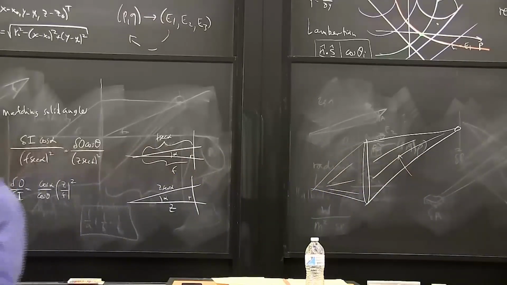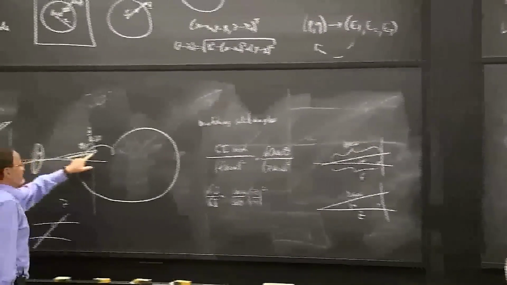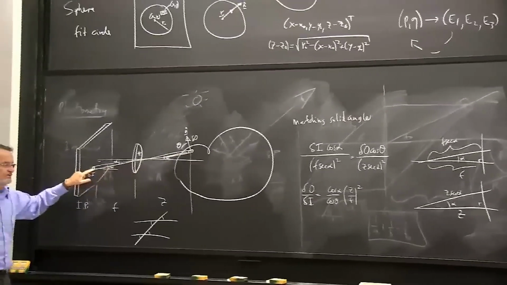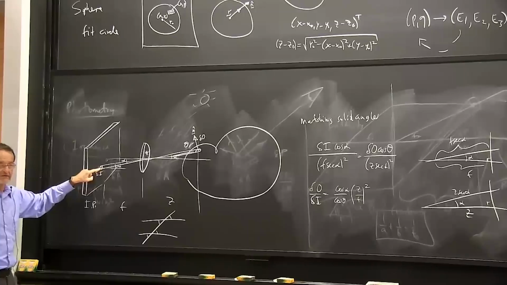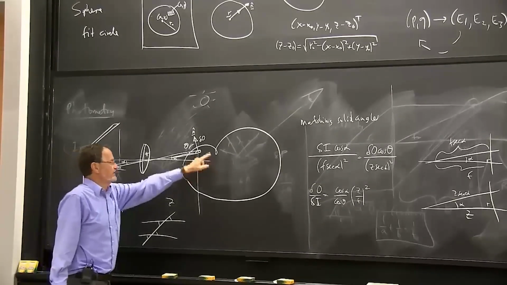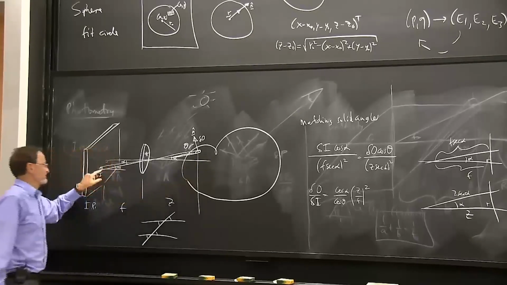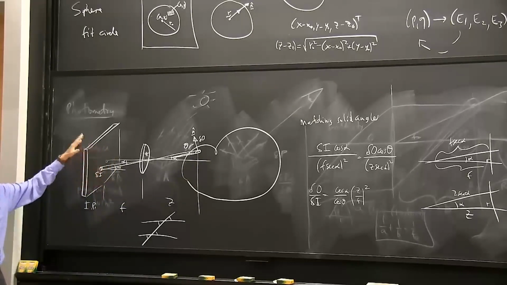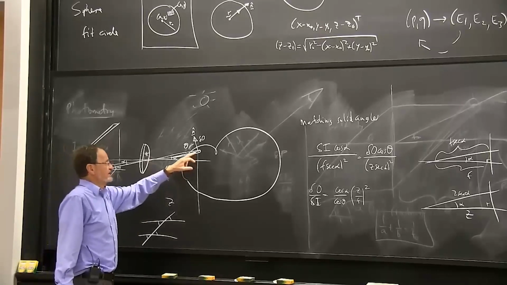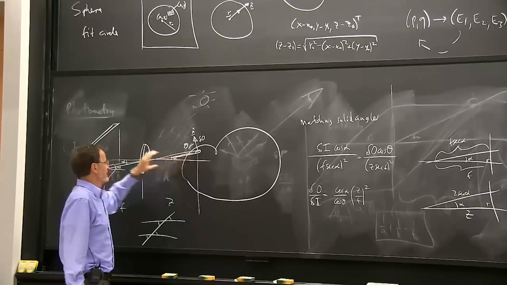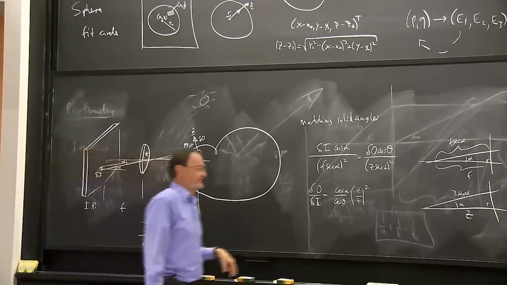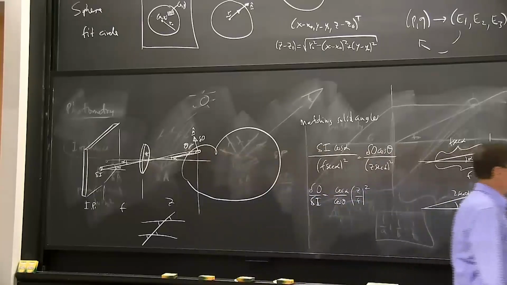If things are in focus, the light that comes off this patch and goes through the lens is all concentrated into this area in the image. And conversely, light coming from anywhere else has no effect on this. It's imaged somewhere else. So there's a direct match between the power coming off here that makes it through the lens and the power that's delivered to that small area in the image.